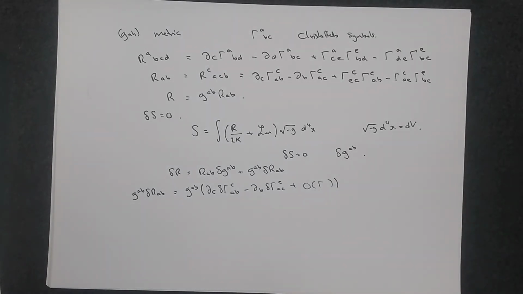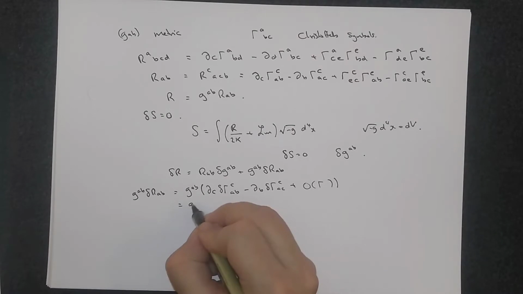The difference between two connections is a tensor. So that thing there is a tensor. I can evaluate this expression in coordinates in which Gamma is 0. So that term goes, and then this thing will be equal to the covariant derivative.